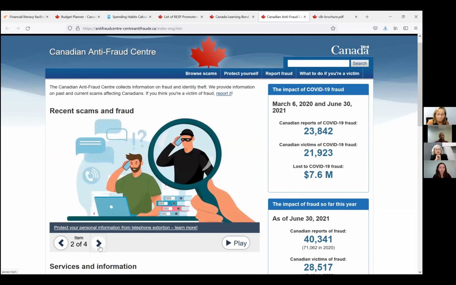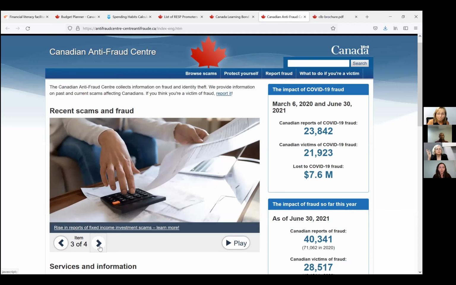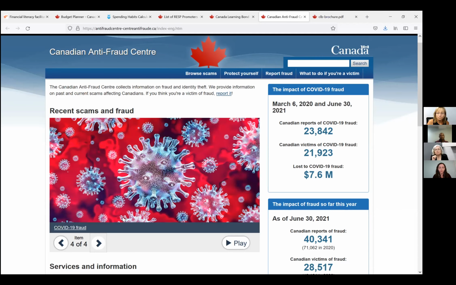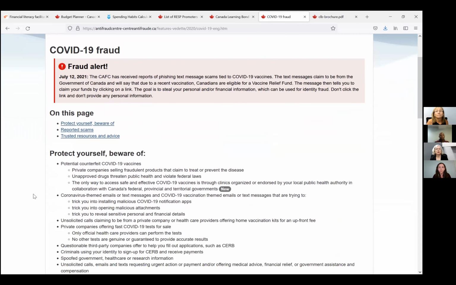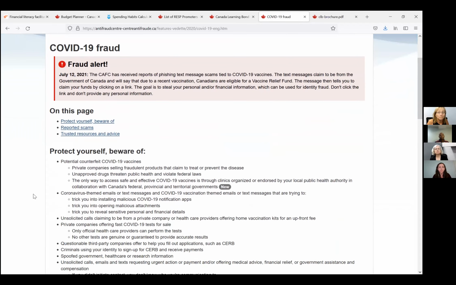Recent scams. Of course, coronavirus is going to be a scam, right? There's going to be a coronavirus scam, of course. So this one, if you could click on it, Catherine. What happens with this one? Very recent, July 12th. They received reports of phishing text message scams tied to COVID-19 vaccines. So what happens, you get a text message claiming to be from the government of Canada.